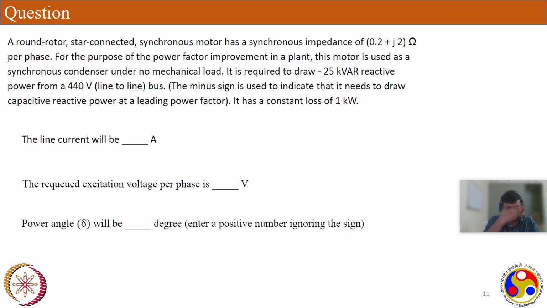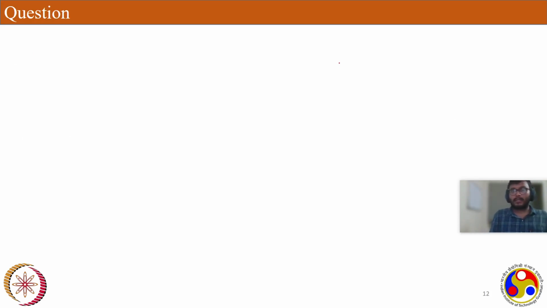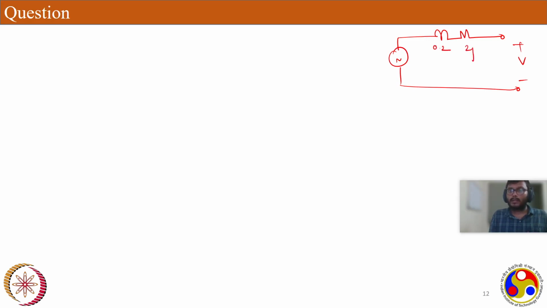Okay. So it is required to draw minus 25 kVAR reactive power from a 440 volts line to line bus. So it is exactly the case which we have discussed right now. Let's say we have a synchronous motor. It has both the resistance part and also the reactance part. It is 0.2 plus 2J, and this is the excitation voltage, and this is a motor.